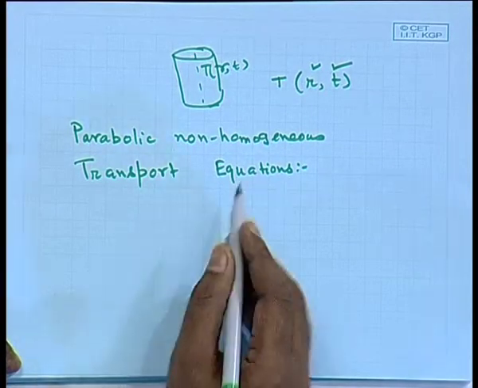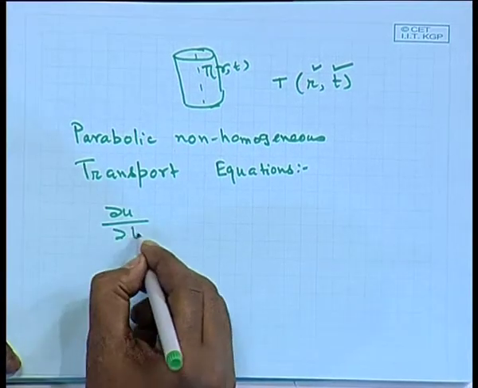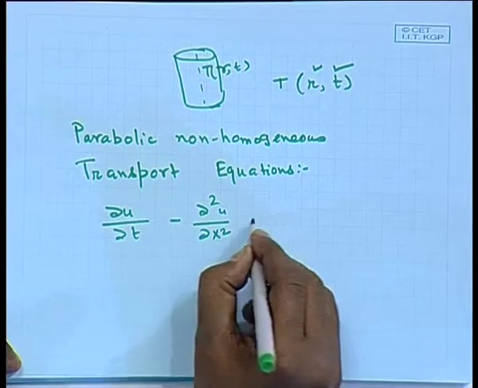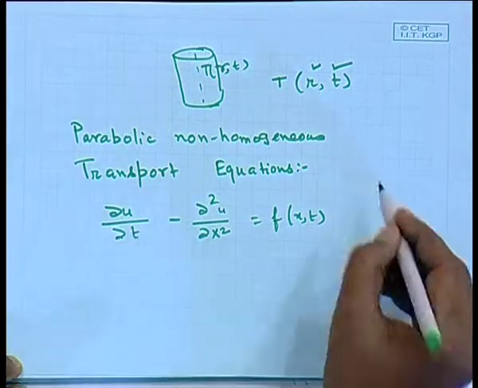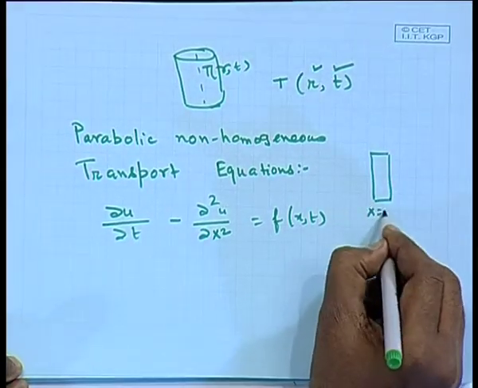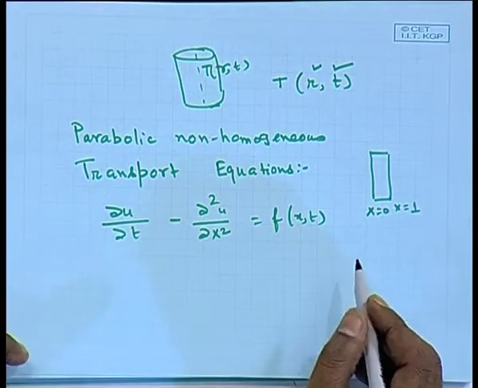The typical form of this equation is, let us say, del u del t minus del square u del x square is equal to f of x and t, where u is the temperature. In this case, you are considering a slab located between x equal to 0 and, let us say, x equal to 1, non-dimensional length.